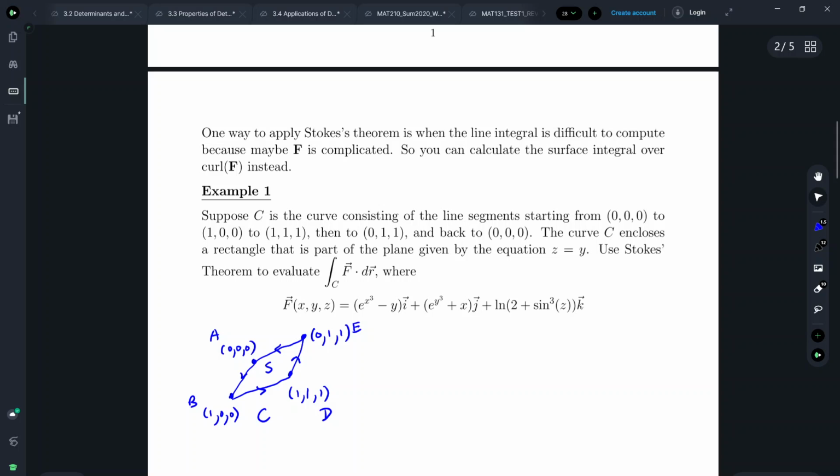But in any case, what I'm going to do is to determine S just from the 4 coordinates so that you can see where this equation actually comes from.